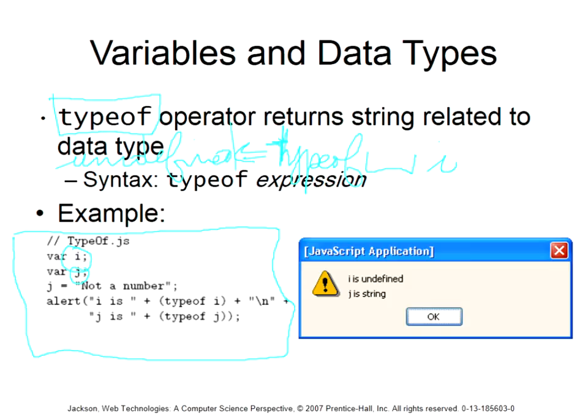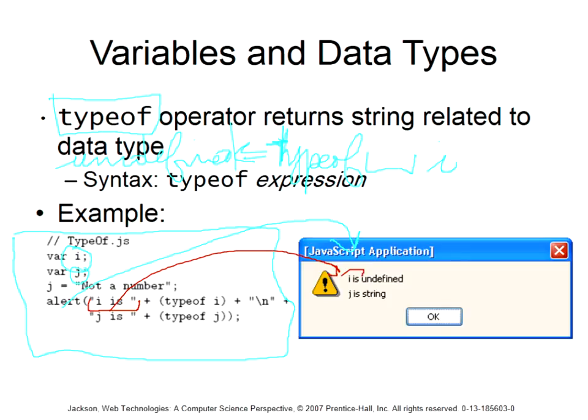So here, for example, in our example, I write alert, and it gives us this pop-up. "i is" this string will be displayed.